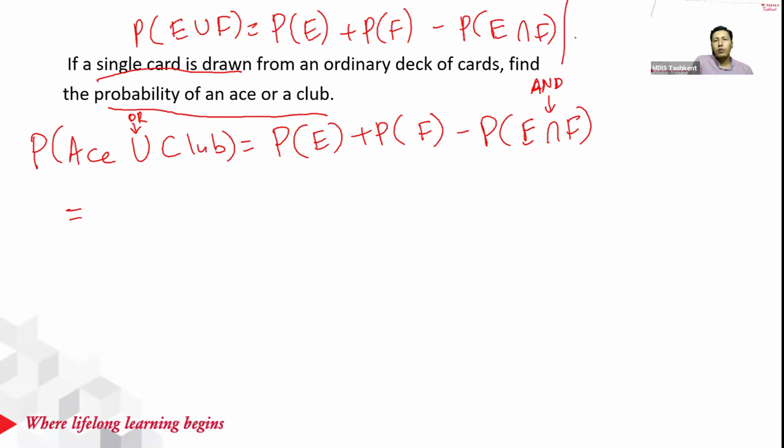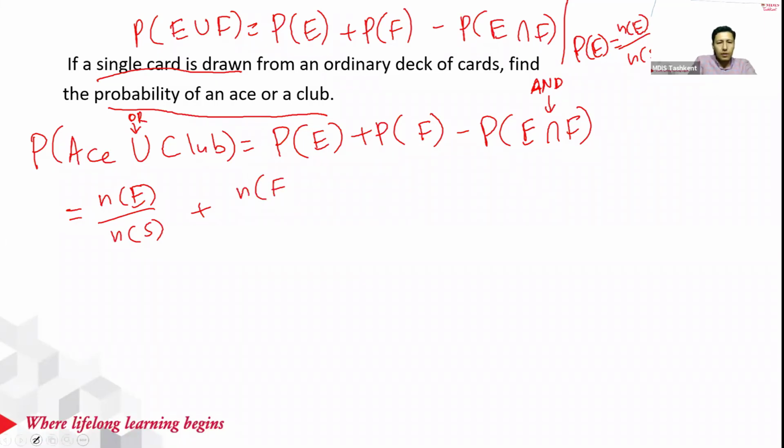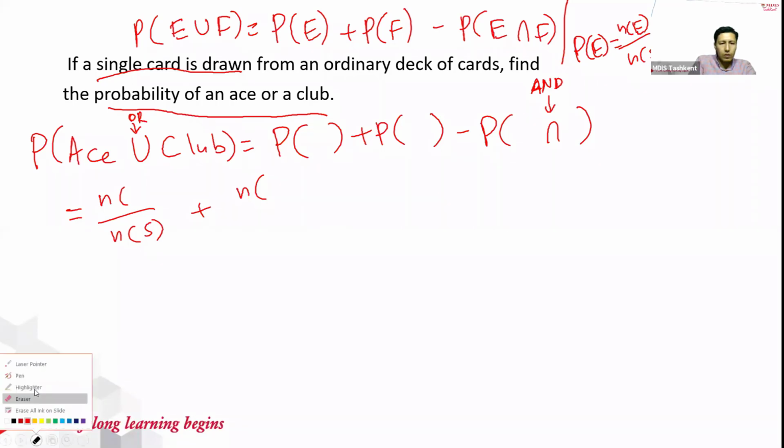Then for each we can use the first formula, P(E) is N(E) over N(S). So we can write N(E) over N(S) plus, instead of P(F), ace and club.